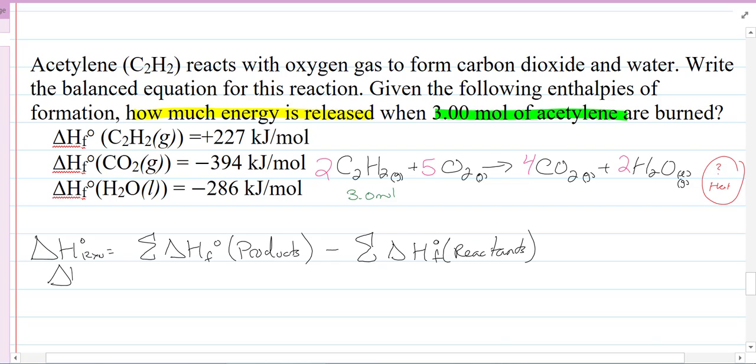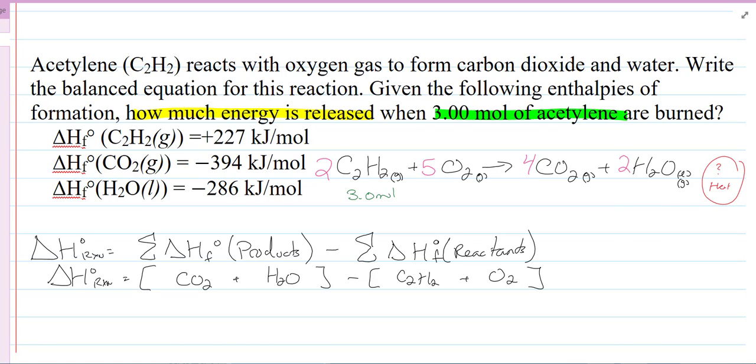Delta H standard. My products would be CO2 and H2O. Reactants, C2H2 and O2. There are 4 CO2s, 2 waters, 2 acetylenes, and 5 oxygens.